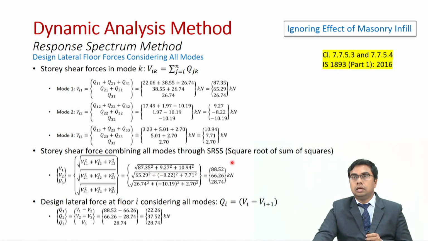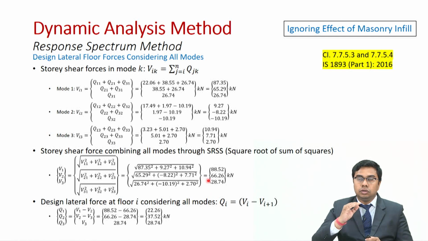to obtain these results. From these results, if we take the difference between story shears of consecutive stories, we can find out what is the design lateral force at a floor between those two stories.